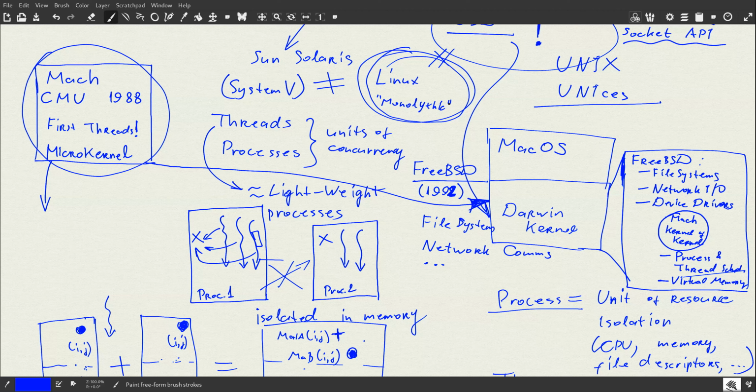Mach was the first implementation which provided a much more structured approach. So Mach by itself, as you can see, is responsible only for process and thread scheduling and for virtual memory management. Everything else, like file systems, network I/O, and so on, can be implemented and is implemented in Mach as threads or processes running on top of Mach.